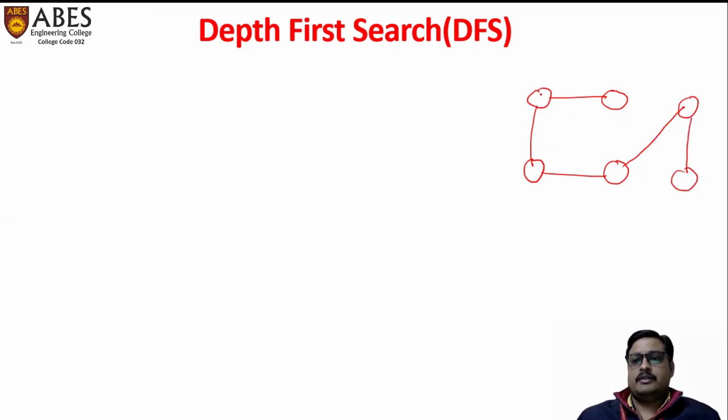This is the graph. Okay. Let's give name to the vertices like 0, 1, 2, 3, 4, and 5. So this is the graph, and we want to do depth first search.